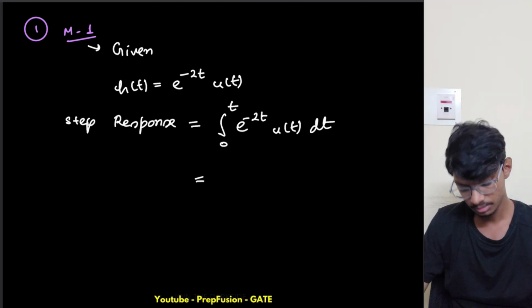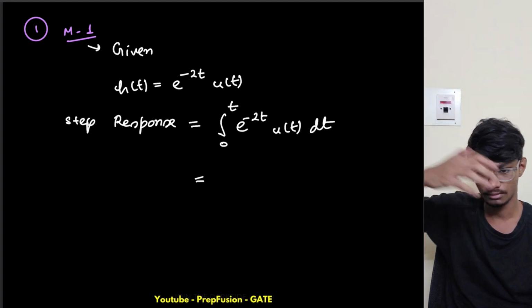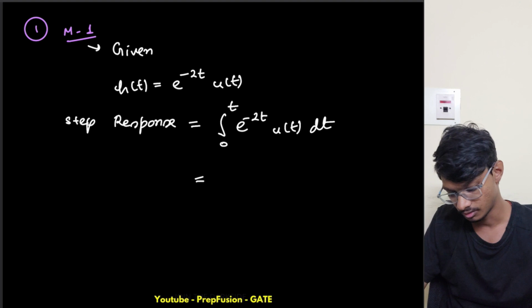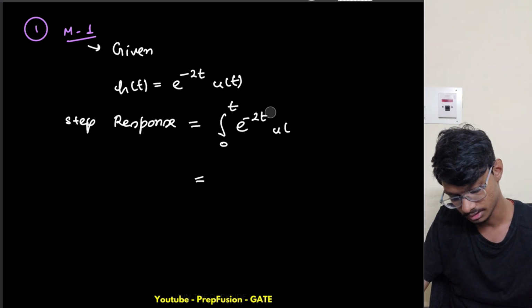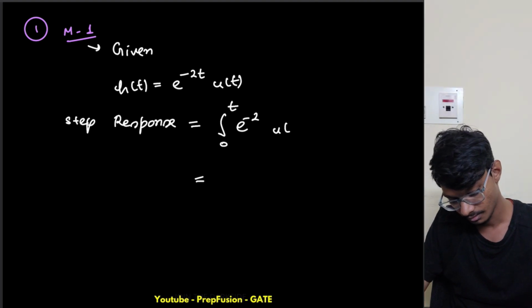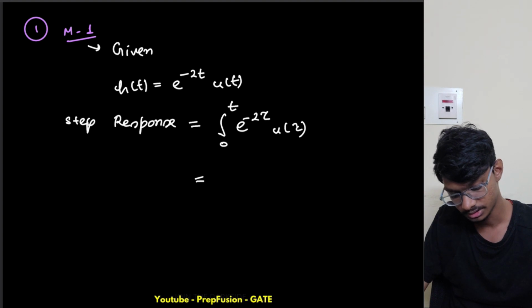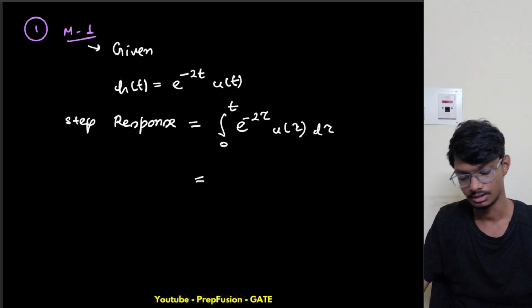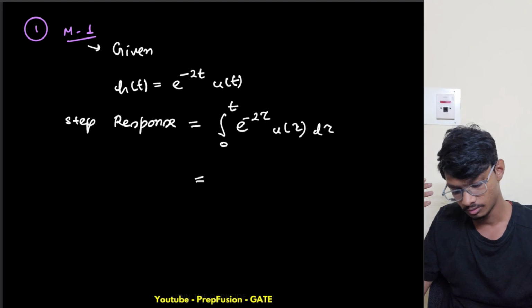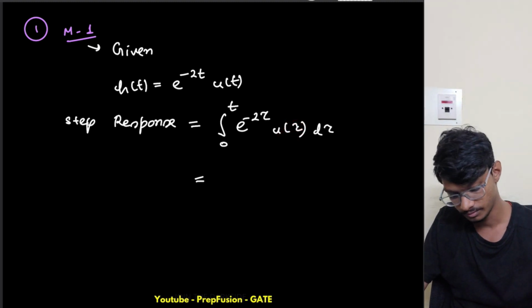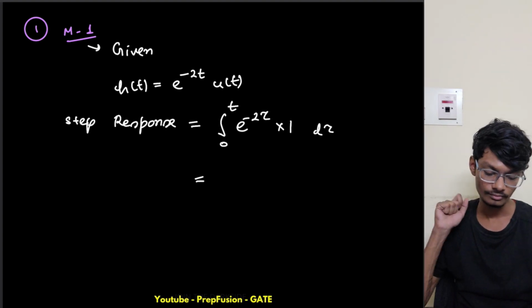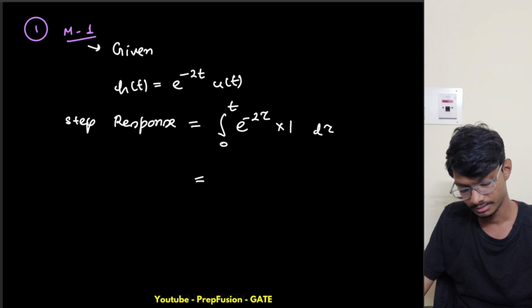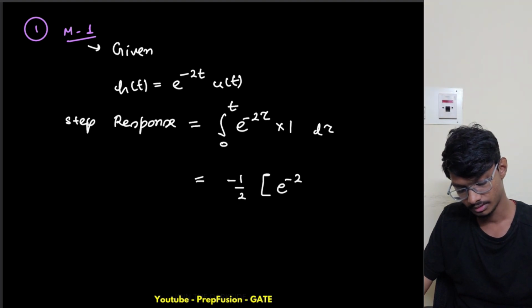So what do I get? It is simply changing the variables. What I need to do is change to tau, else you will get confused. It doesn't matter, it's just changing the dummy variable. Now between 0 and t, this u of t is 1 only, so we can change it to 1. Now integrate this: I get minus 1 by 2 times e raised to power minus 2 tau, put limits 0 and t.